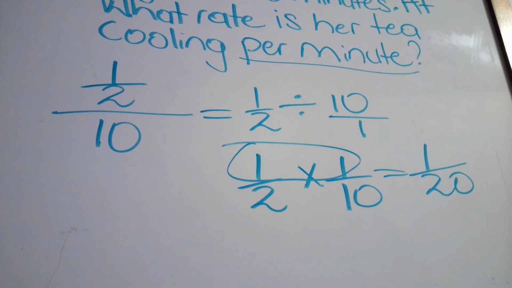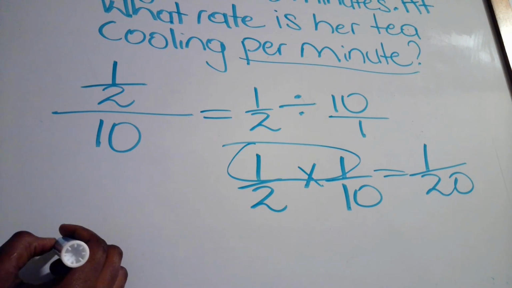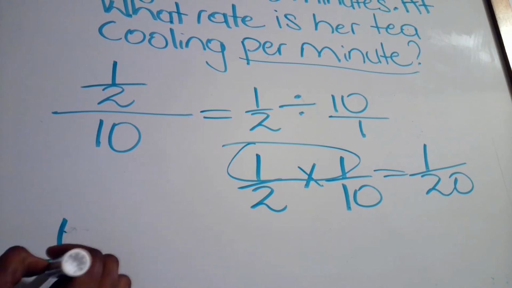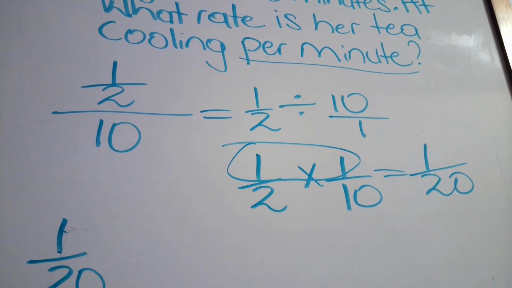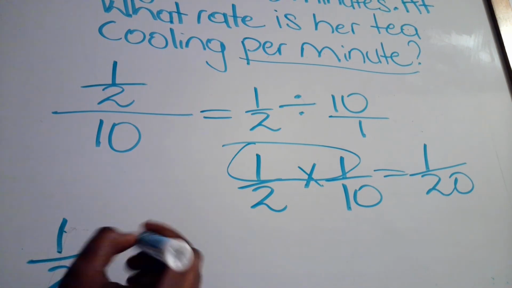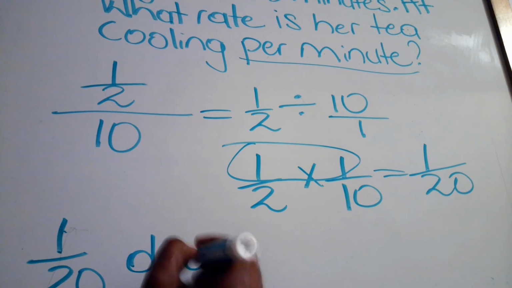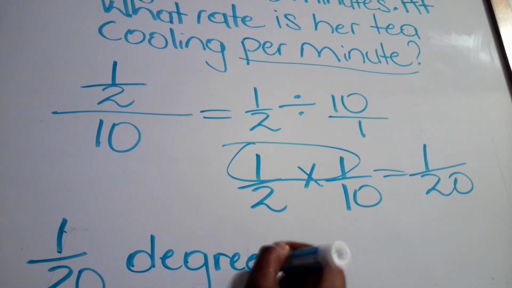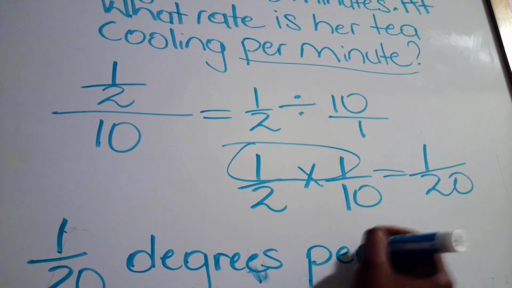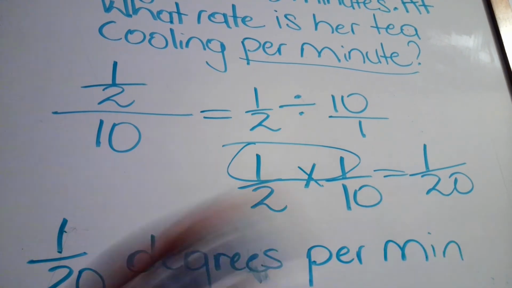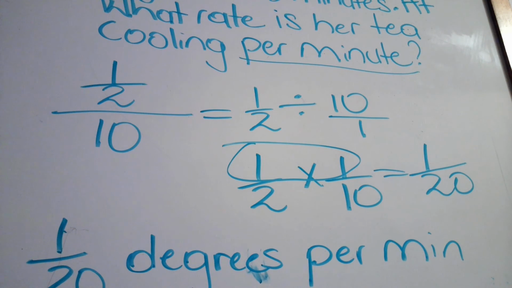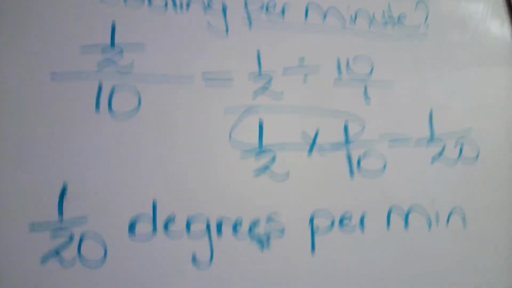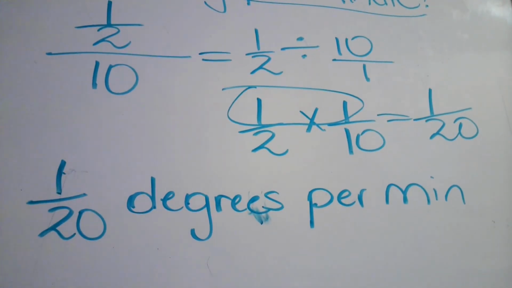This is saying that Shelly's tea would cool 1 over 20 degrees per minute. That's what it is saying. So her tea would cool 1 over 20 degrees per minute.